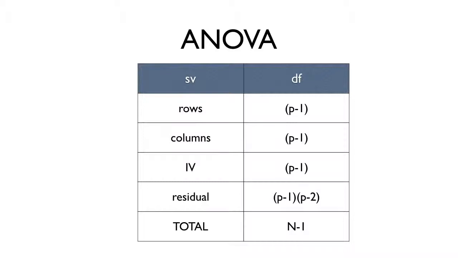You test mean squared for the independent variable by the mean squared for residual. Good? Residual is now what's left over. Error. Yeah, it's error. It's what's left over.